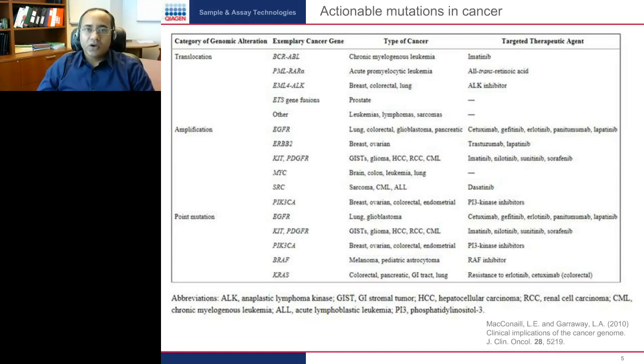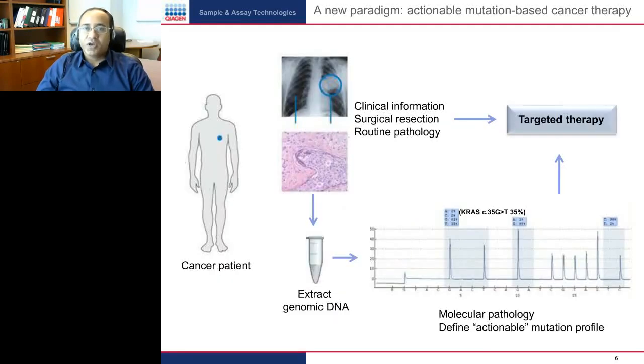This growing list of so-called actionable mutations, as these mutations listed here with the different genes, if you detect these mutations, they are always associated with follow-up actions, and so we can call these mutations actionable mutations. Since the list of actionable mutations and the associated targeted therapeutic agents is growing rapidly, it demands a shift in the paradigm of cancer treatment.